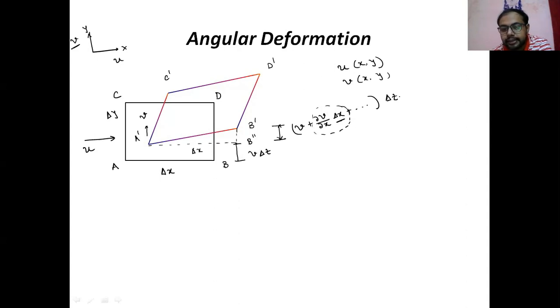So the total is coming as this. This is the v delta t, because what is the vertical displacement here? Here the vertical displacement of point A is v into delta t. Point B's vertical displacement is total this much.